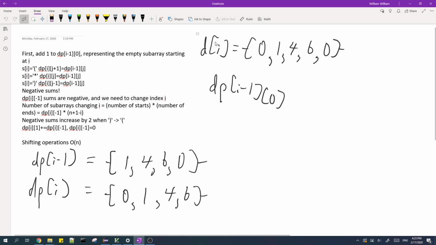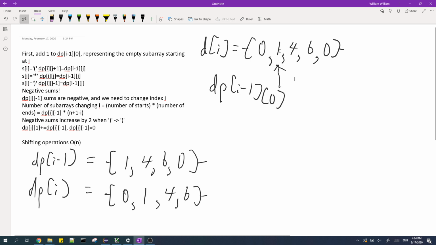So we'll create another array D, and this array D will store the dp values. And instead, dp of I-1, 0, will be a pointer to the array D. So 0 will point to this one. Whenever we want to access dp of I-1 of 0, we just look at the pointer and then we know which element to look for in D. And what if we want dp of I-1 of 1?